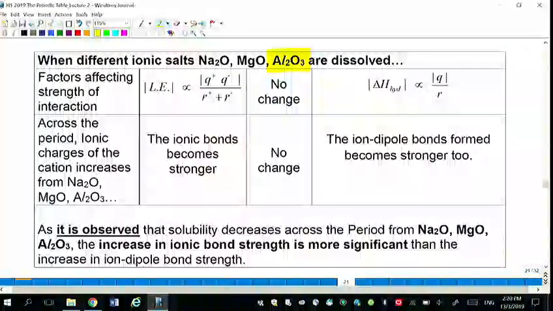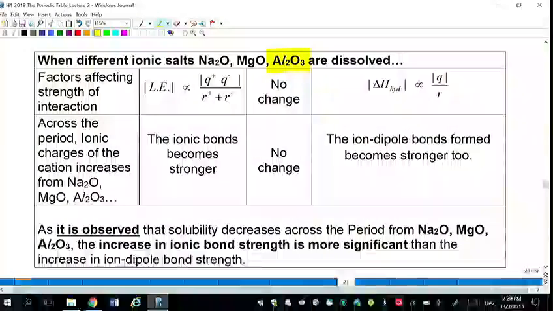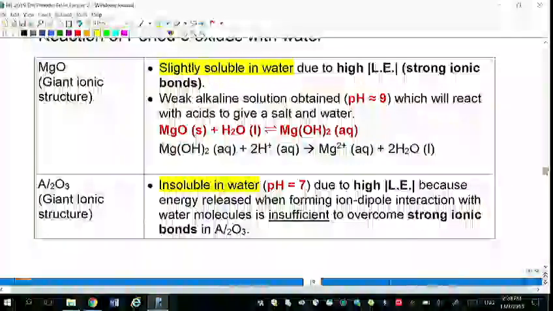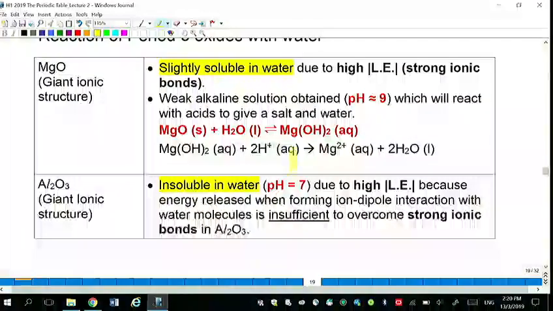So that is why your Al2O3 is not soluble in water. Understand? No reply. Got it? Yes. Okay.